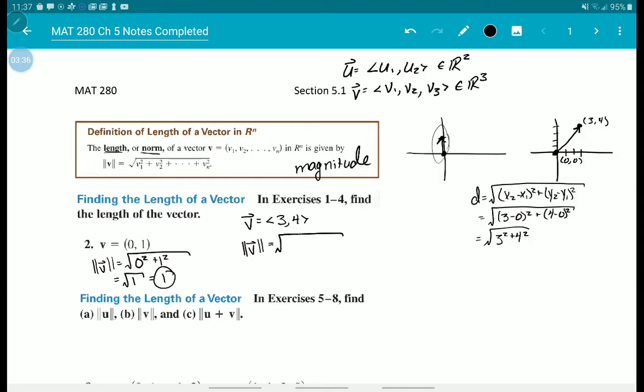So it's going to be the square root of 3 squared plus 4 squared. So you can see how we're getting the exact same thing, all because of the distance formula. And what this is actually finding is a distance. So this is going to be the square root of 9 plus 16, which is the square root of 25, which gives us a 5.